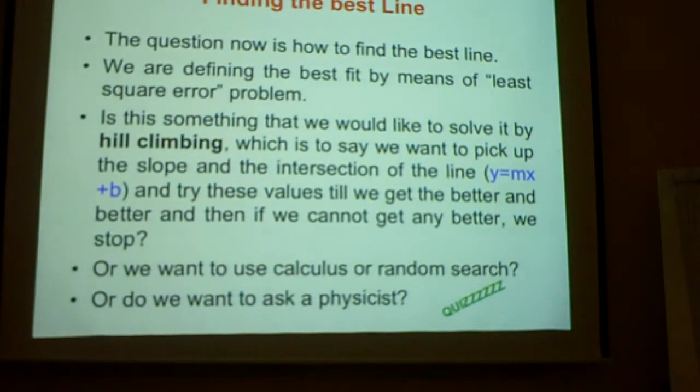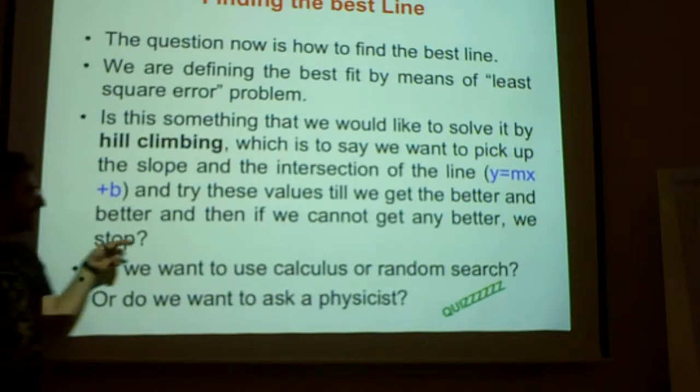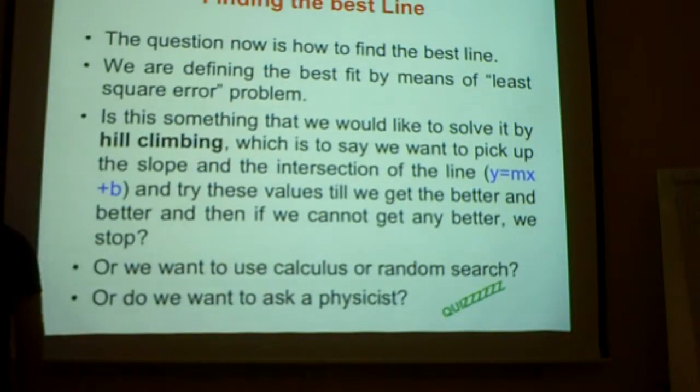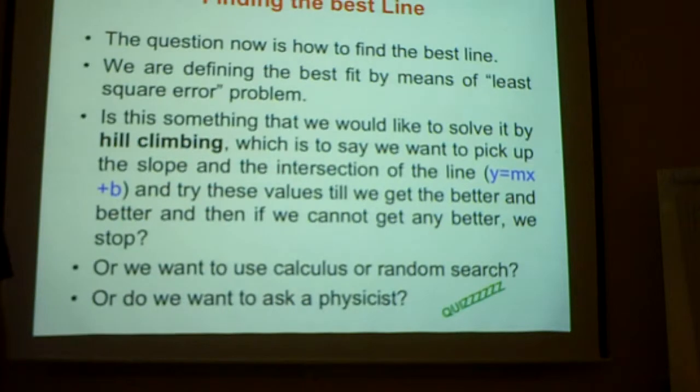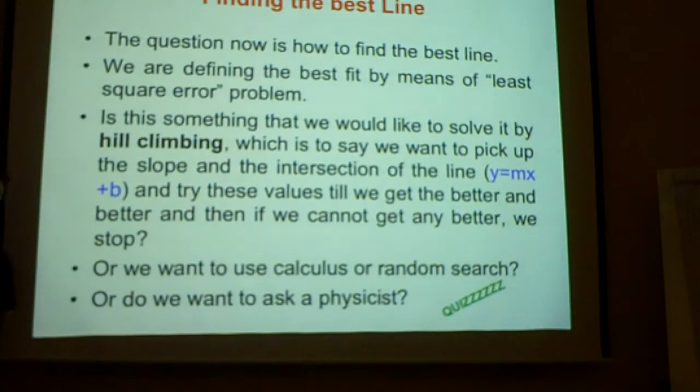Maybe least square error. Very good method, but which one of these is the least square error? Hill climbing, okay. And archaeologists? Random search? Someone? Okay, I would. Random search, said it. Anyone else?